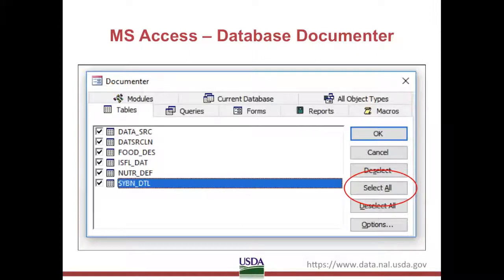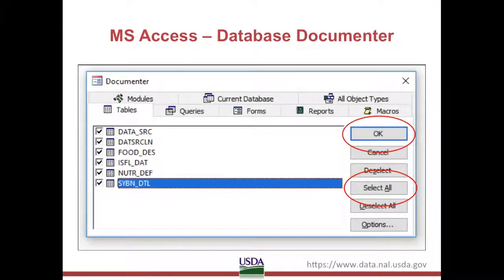There are also a lot of other customizable settings at all stages of this process, including the Queries and Macros tab, and the Options feature that lets you further customize how your document is generated. However, for the purpose of this demonstration, I'm just going to stick with the defaults.